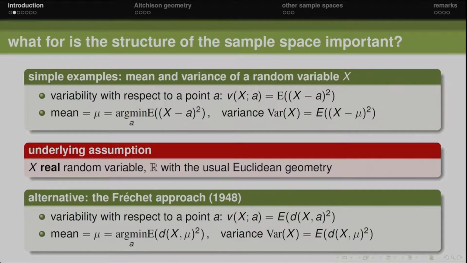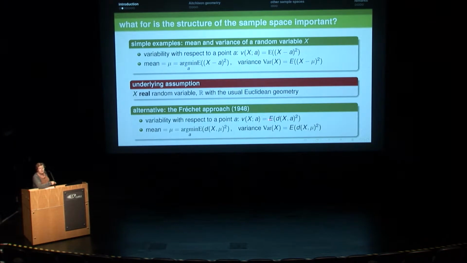So he substituted this squared difference by this squared distance. And this makes a difference. It's more general. Then the mean is that value that makes this minimum. Here there should be an A, it's a typo. And the variance is this minimum value.